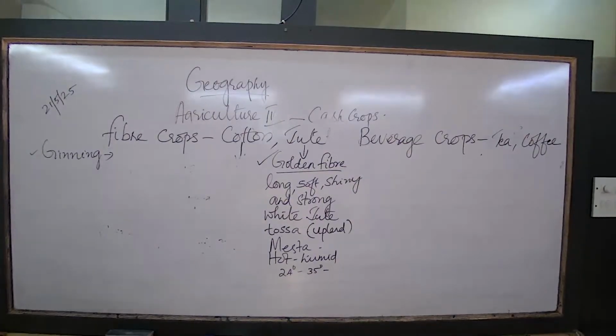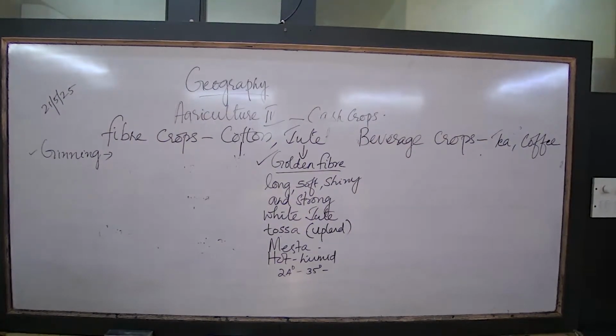Method of cultivation. How it is cultivated: February on lowland and March to June on uplands. Sowing of the seed is done by drilling or broadcasting. What is the method? Drilling or broadcasting. Harvesting.